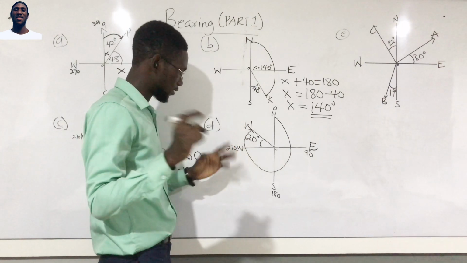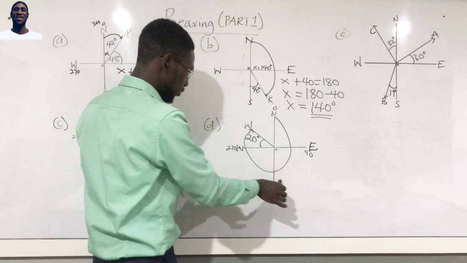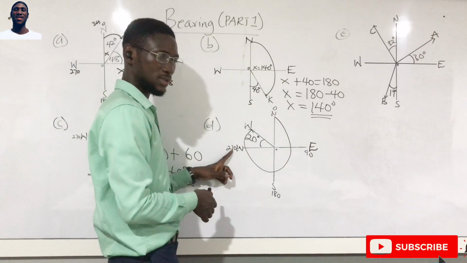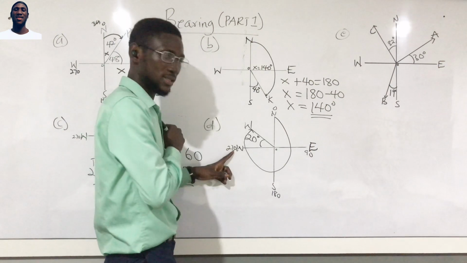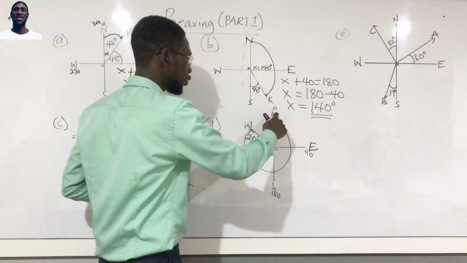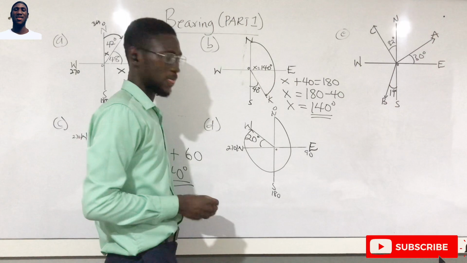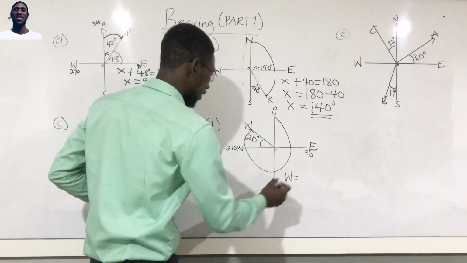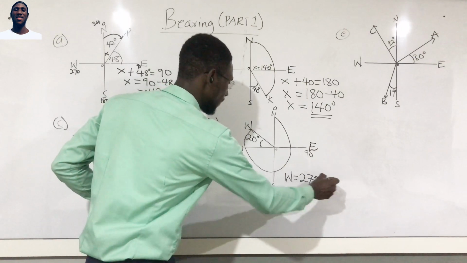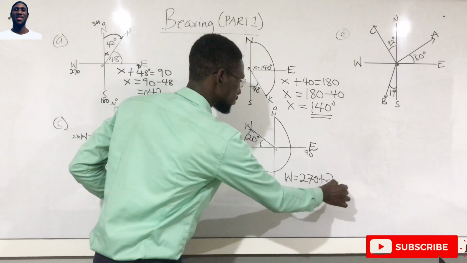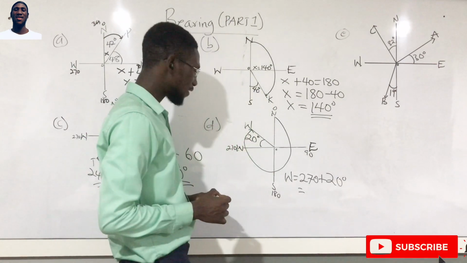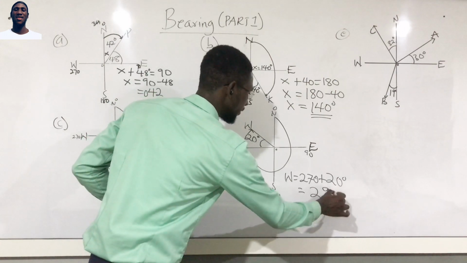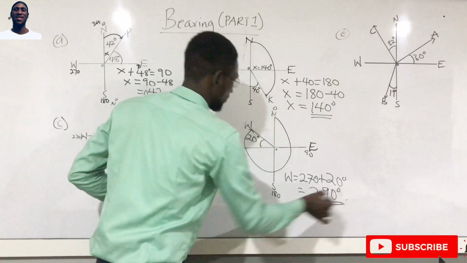Can you see that? From north up to south is 180, then from north to west is 270. So I only have to add 20 to it to get the whole angle from north to W. So the bearing of W is 270 degrees plus 20 degrees, which gives me 290 degrees.